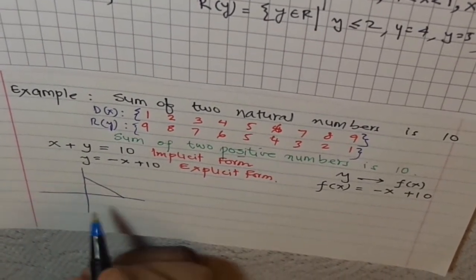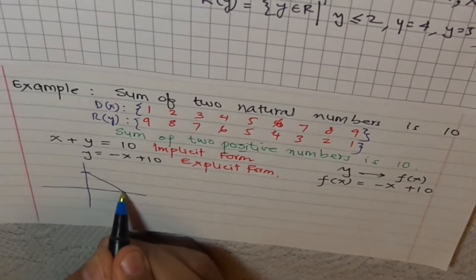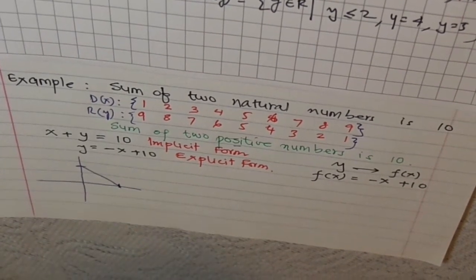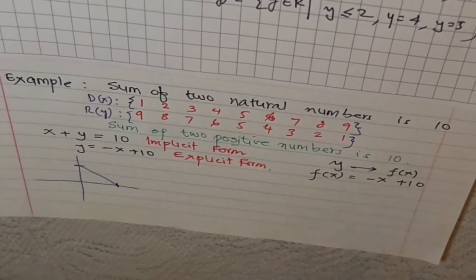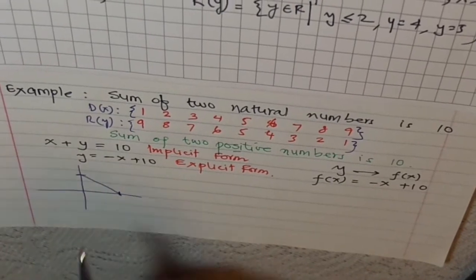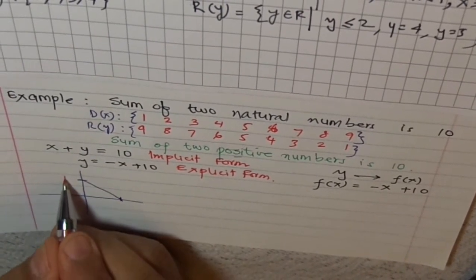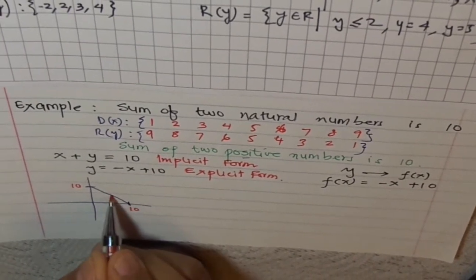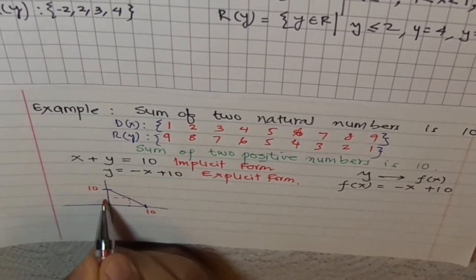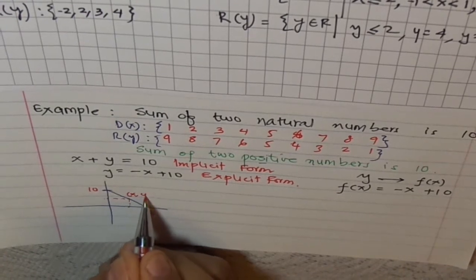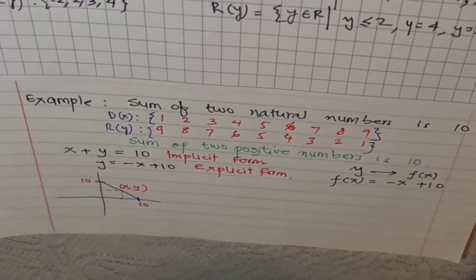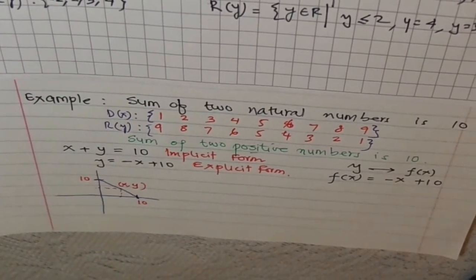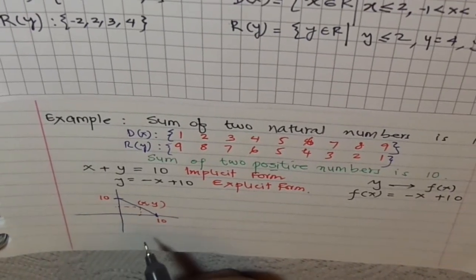So in that case, this is our set of positive numbers whose sum is 10. Now, this is 10 and this is also 10. You see? There could be many x values in between. If we add this x value and this y value, in general x and y, we will get a sum of 10. So in this case, what is the domain?